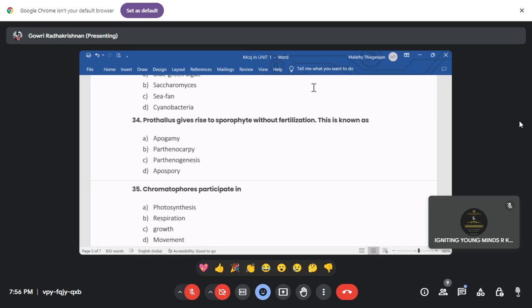But in apogamy, the prothallus gives rise to sporophyte without fertilization. Okay. All right, next.